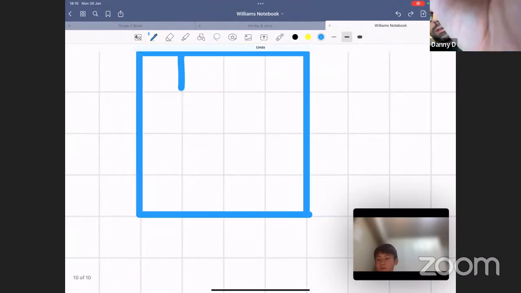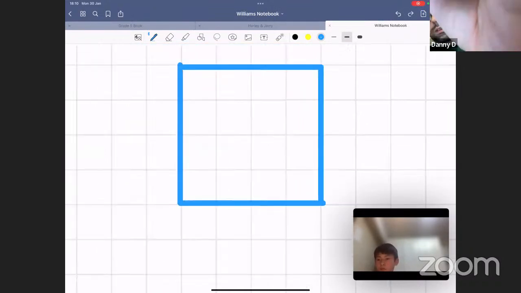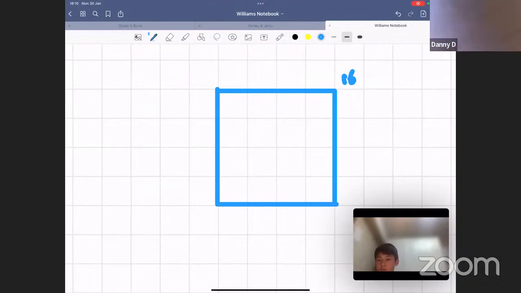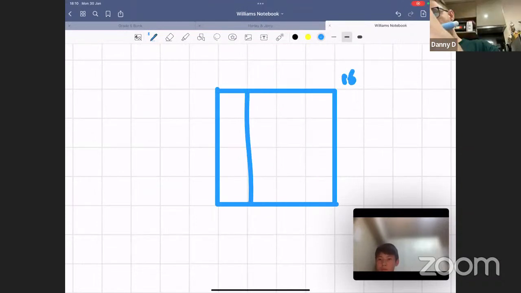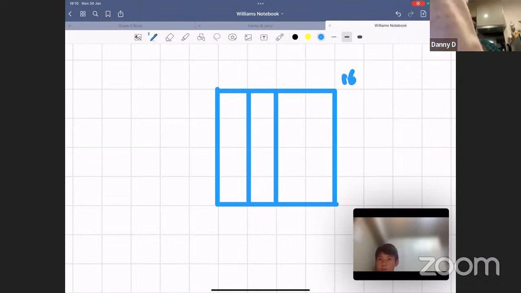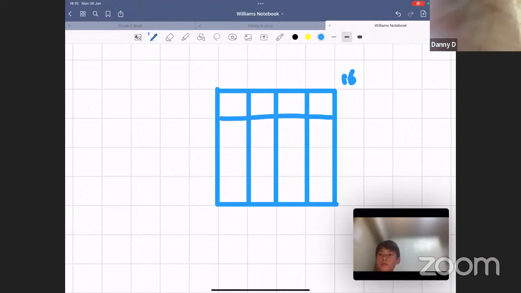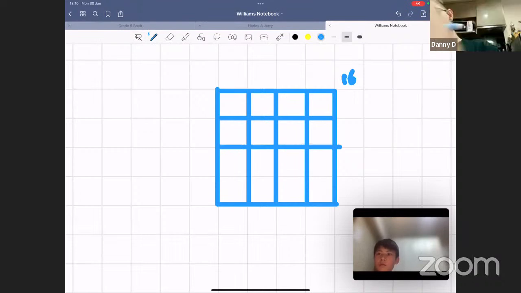Yeah, right. So now there's an extra one. So just the perimeter would be 16, nice and easy. You got another 4, 20, 24, 28, 32, 36. Isn't it 40 now?